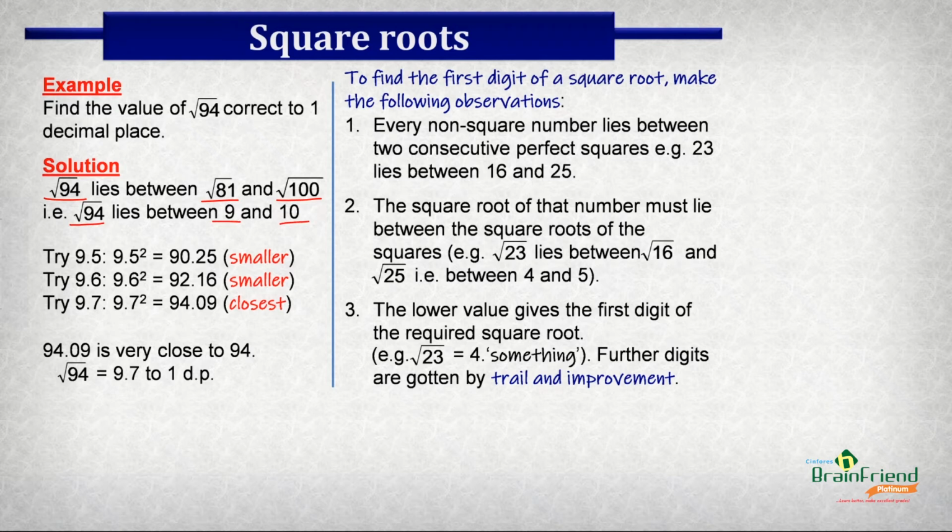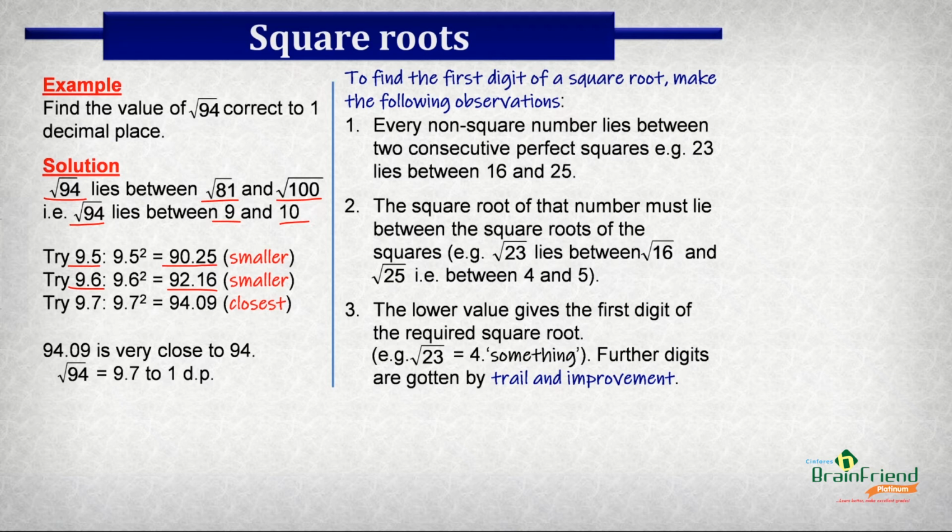So, let's do our trial and improvement method. 9.5 multiplied by 9.5 gives us 90.25. That is smaller than 94. We try again. 9.6 multiplied by 9.6 gives us 92.16. It's yet smaller.